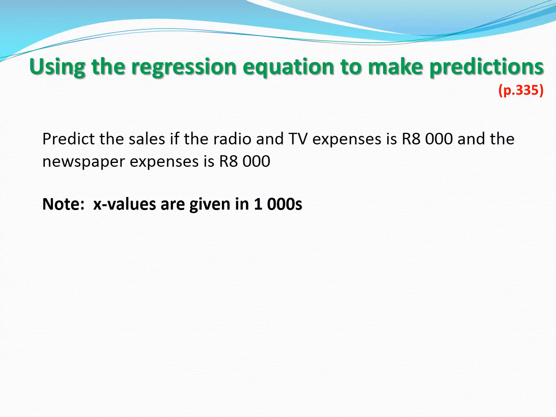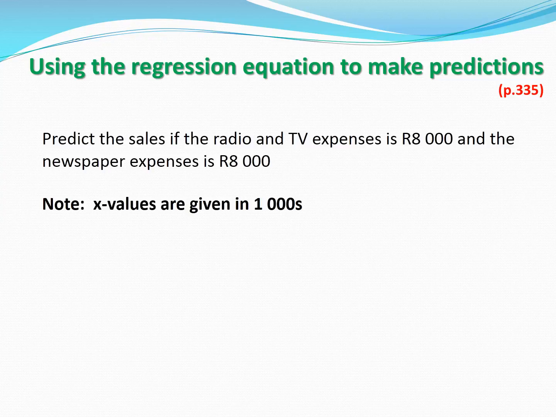We can also use the regression equation to make predictions. So they ask you on page 335 to predict the sales if radio and TV expenses is 8,000 rand and newspaper expenses is 8,000 rand as well. Okay, remember our X values was given in thousands of rands, but we recorded the data as decimal values.